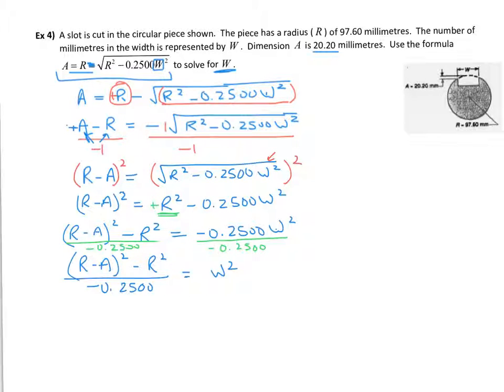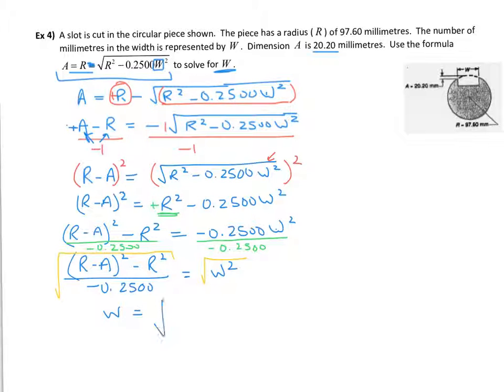And now to undo that square, I'm going to square root. And I think in this case, W is just a width, so we don't have to worry so much about the plus or minus piece to that square root. We really only want the positive square root because a width is just a positive amount.